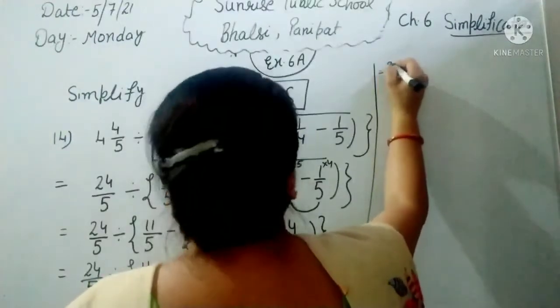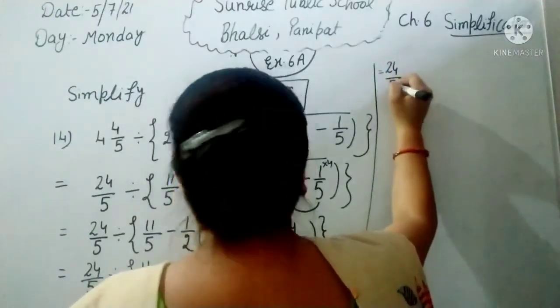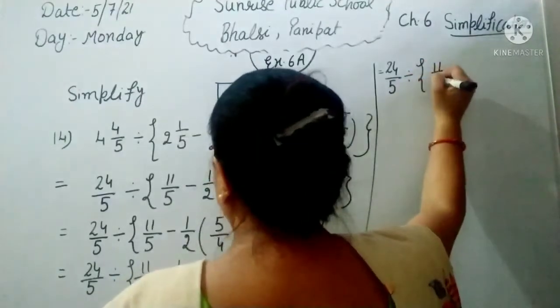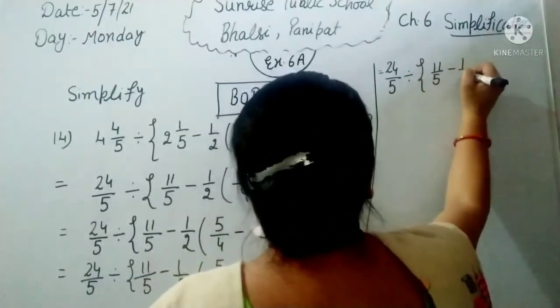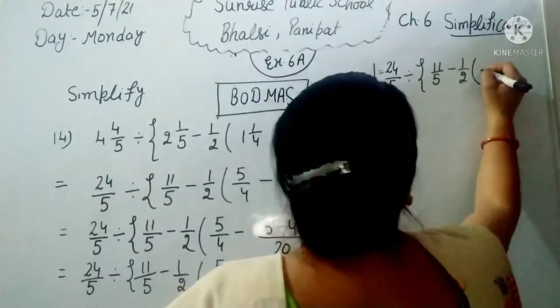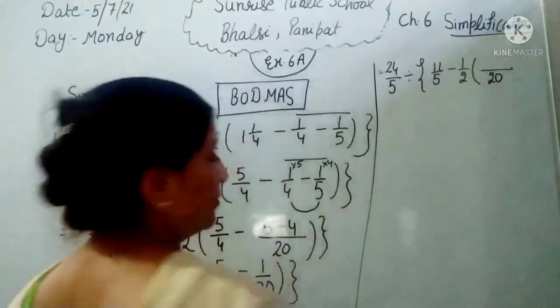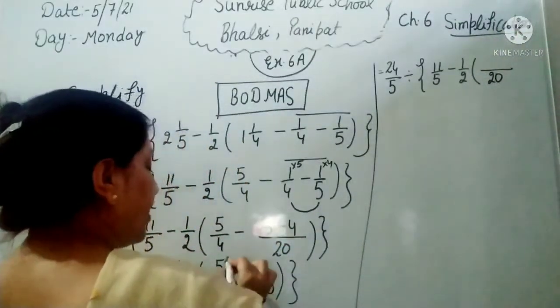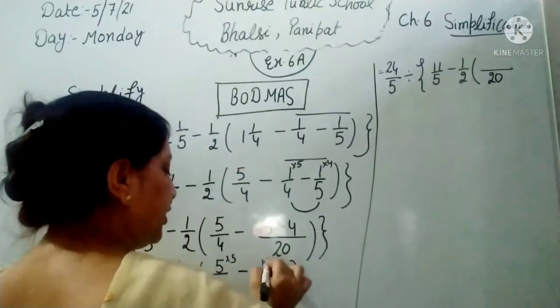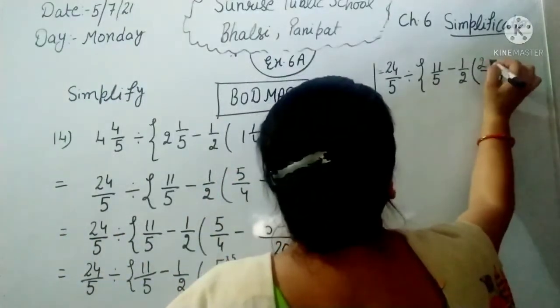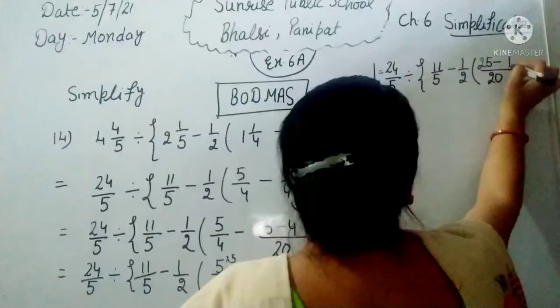So we write here 24 by 5 divided by 11 by 5 minus 1 by 2 and 5 और 4 के LCM आ गया, 4 और 20 का LCM आ गया 20. 4 5s are 20, तो यहाँ पर 5 से मल्टीप्लाई और यहाँ 1 से मल्टीप्लाई. So 5 5s are 25 and 1 1 1.